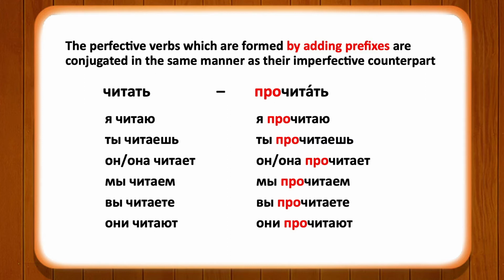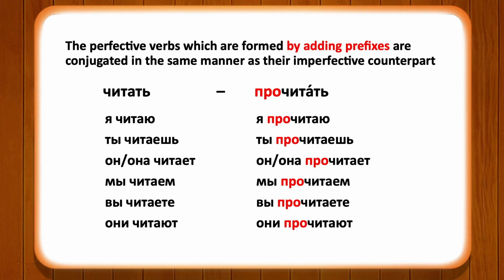So ya chitayu imperfective conjugation, ya prachitayu, ti chitayish, ti prachitayish, on chitayat, on prachitayat, ana chitayat, ana prachitayat, mui chitayam, mui prachitayam, vui chitayche, vui prachitayche, ani chitayut, ani prachitayut.